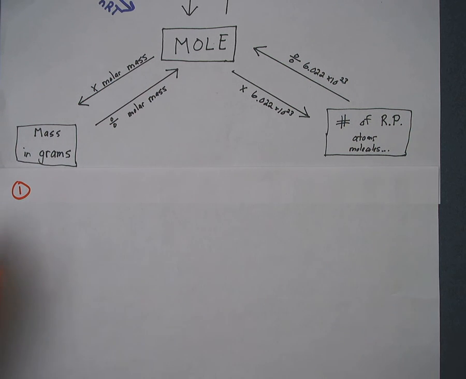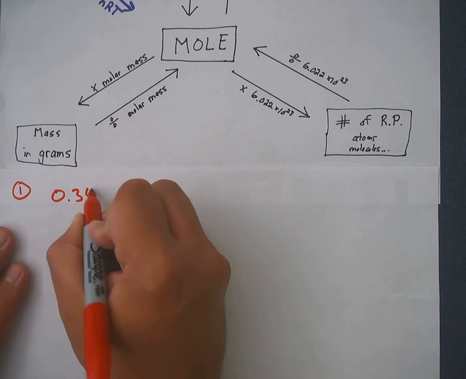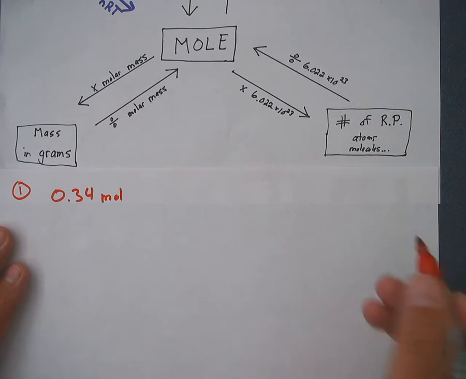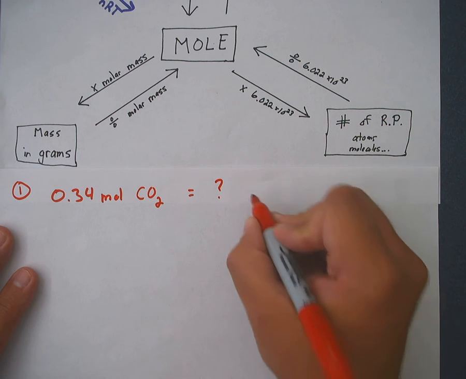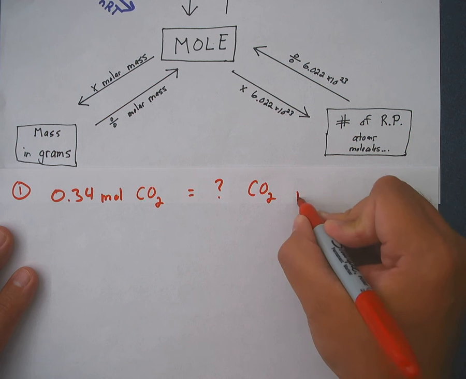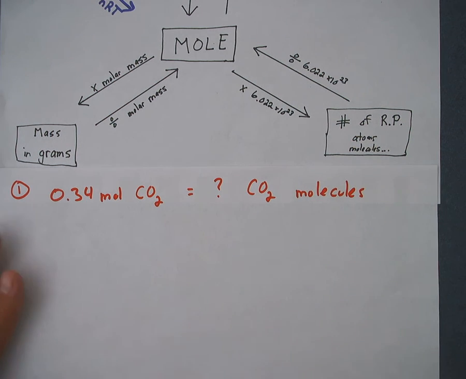So let's say we knew that something was exactly 0.34 moles, and let's give it a compound. Let's say of carbon dioxide. And the question was, well, how many carbon dioxide molecules are there? And remember that mole is not short for molecules. Moles is its own separate thing.